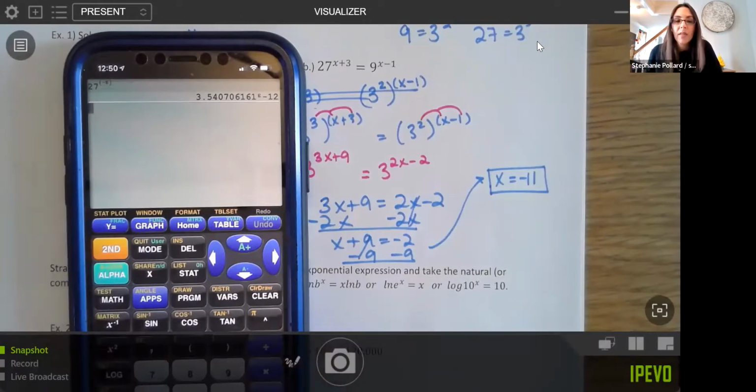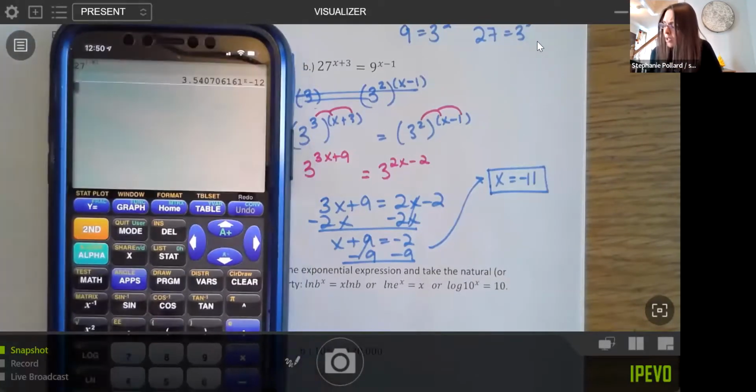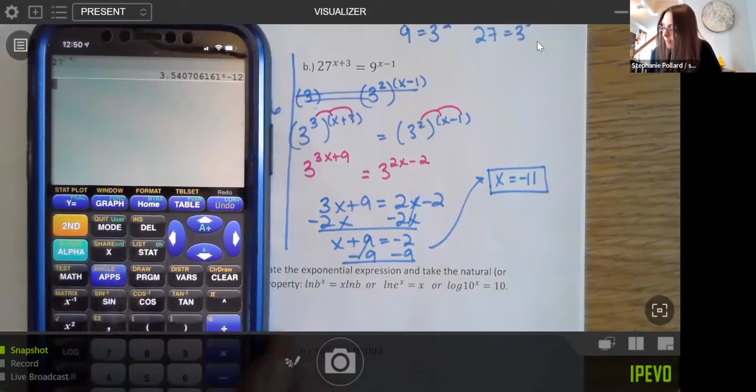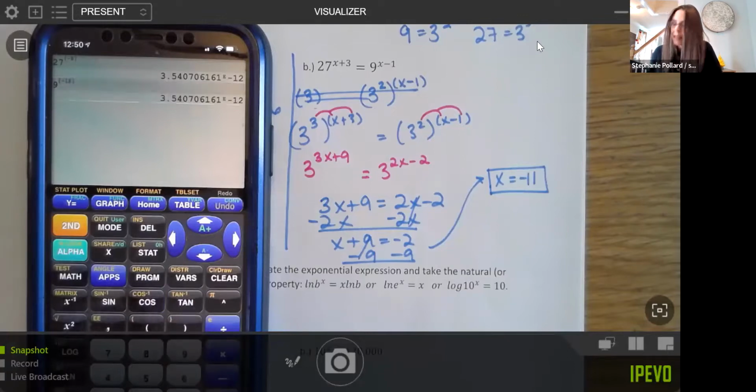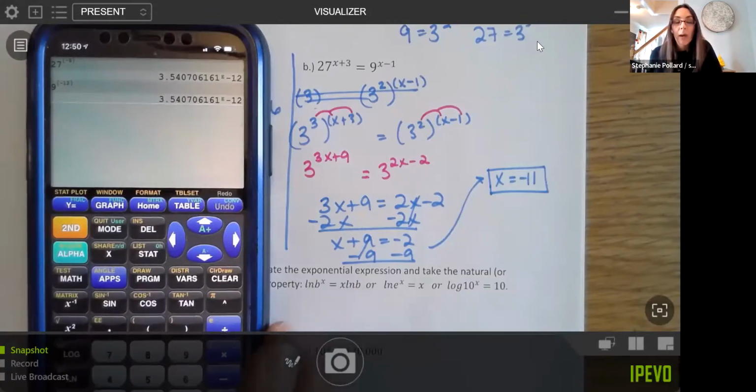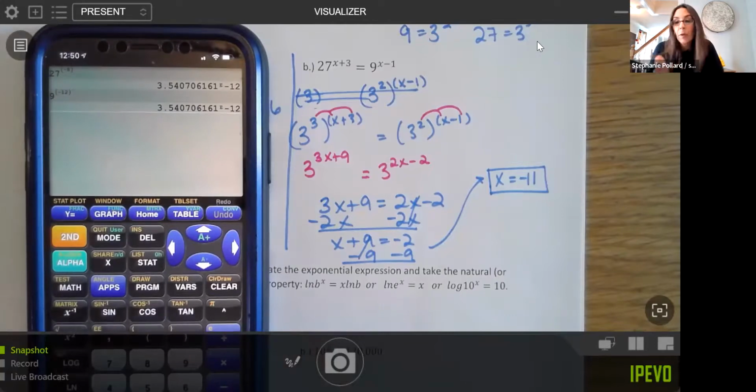When you see e to the negative 12, it means to take that decimal point and move it 12 spots to the left. But again, I'm just doing a check, so I'm not too worried about that. Then when I do 9 to the negative 12 power, I get that same result. So I'm plugging my answer back in, using my calculator because it's just a check, and I see that both sides are still the same.